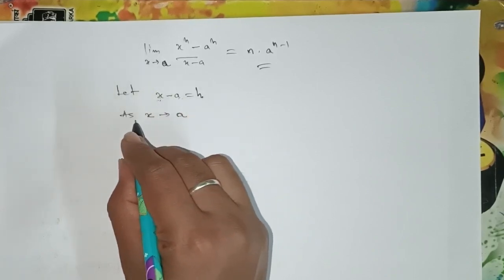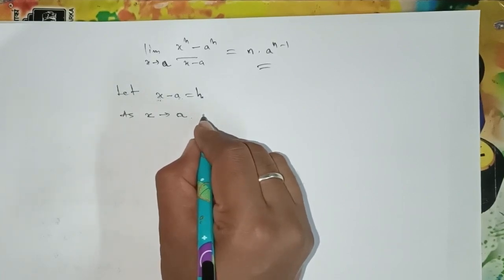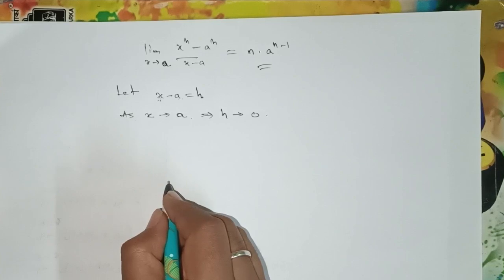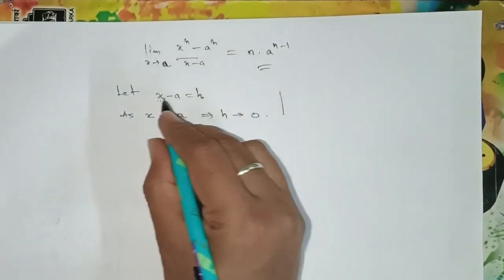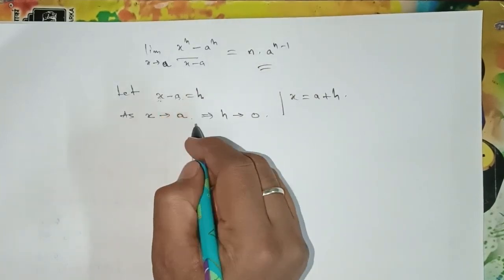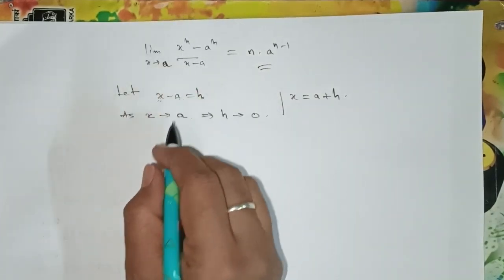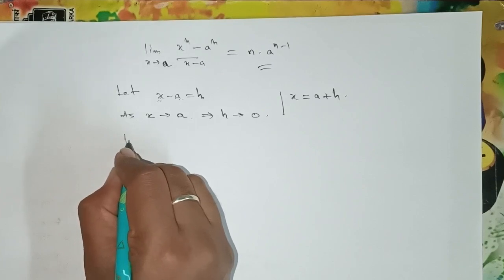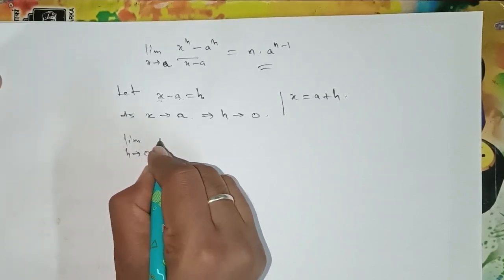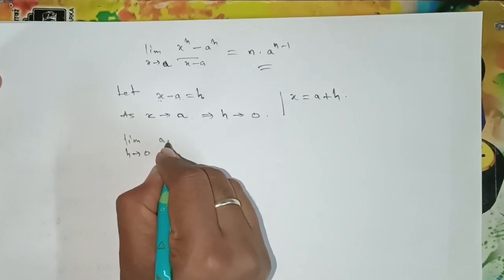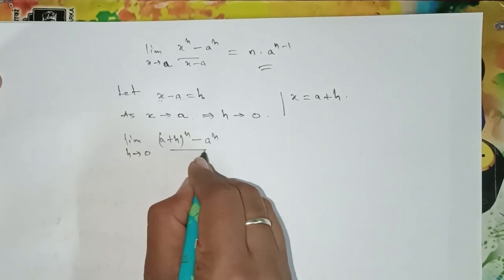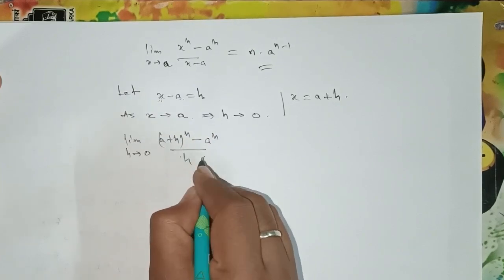That means as x tends to a, h tends to 0, and x becomes a plus h. You take this a to this side, now you substitute this value in this part. So the limit as h tends to 0 of (a plus h) to the power n minus a to the power n by h.